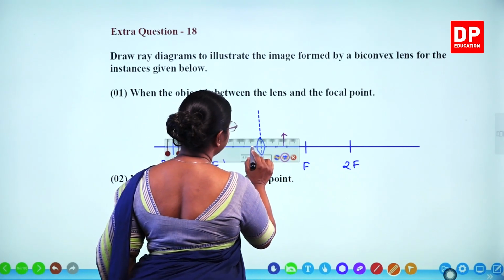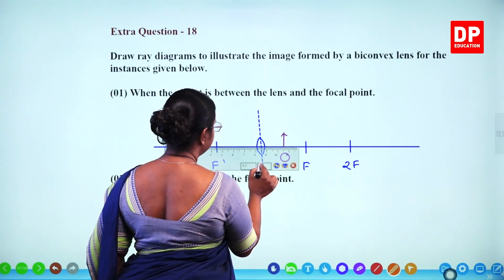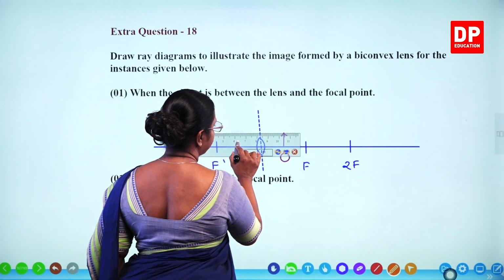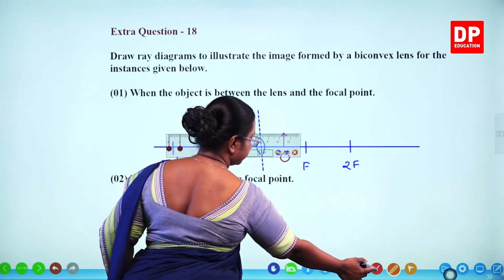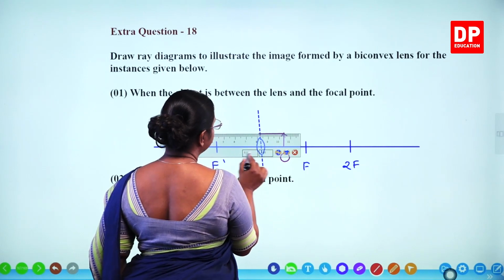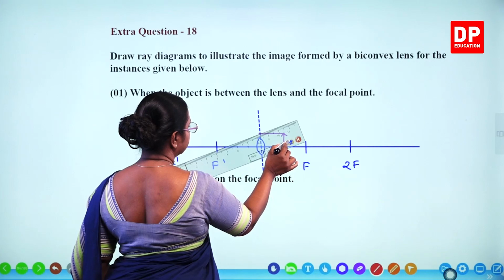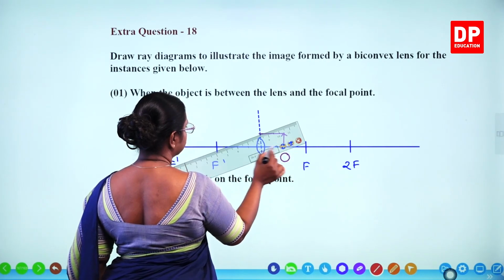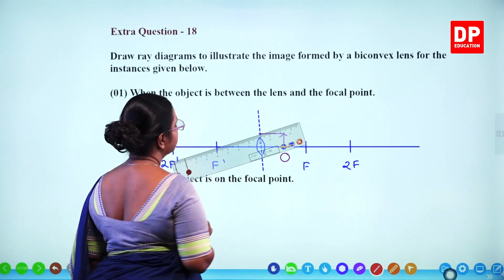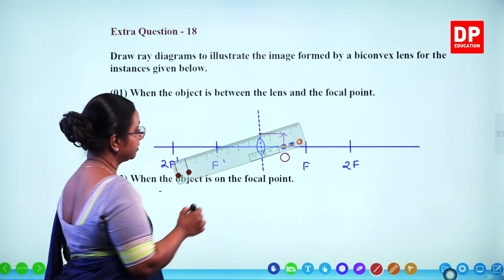A ray coming parallel to the principal axis. So, that is the first one. How does that? It has to refract through the focal point.